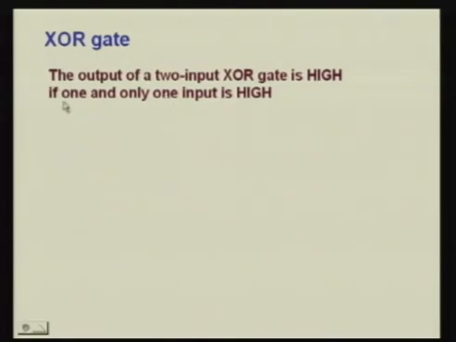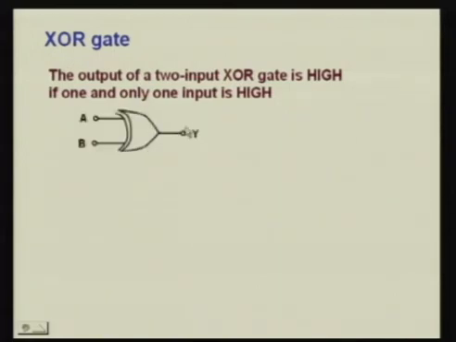It's very important to note that if we have 2 inputs and one is high and one is low, or the first is low and the second is high, then only the output will be high. That is, if the inputs are not equal. As I told, in a digital system we can take only either 0 or 1. If the first is 0 and the second is 1, or the first is 1 and the second is 0, then the output will be high. Otherwise, it will be low.